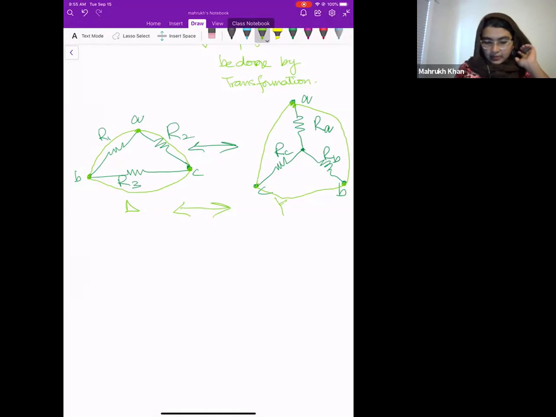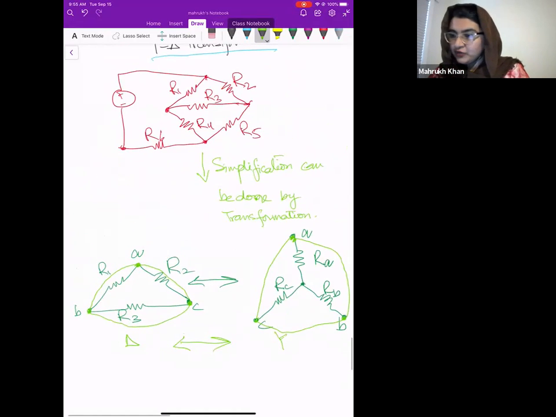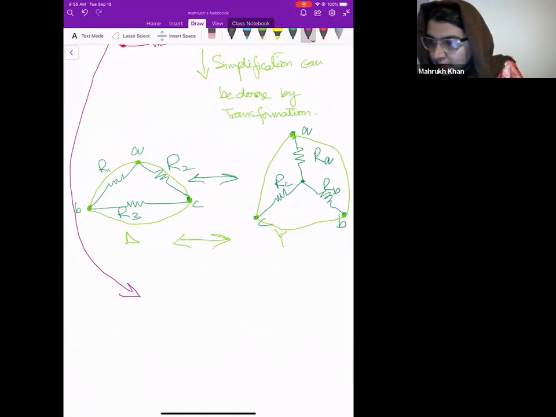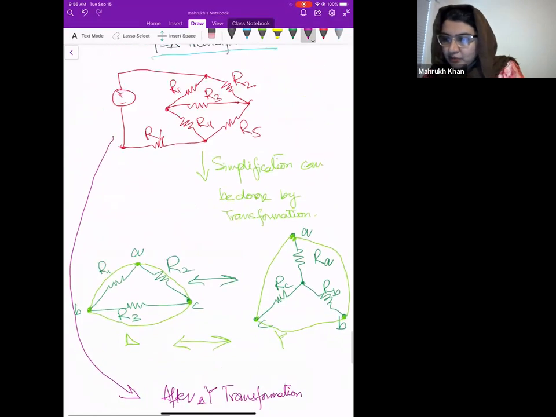Okay. Let's say I just replace it in this circuit. After delta Y transformation, what this should be.